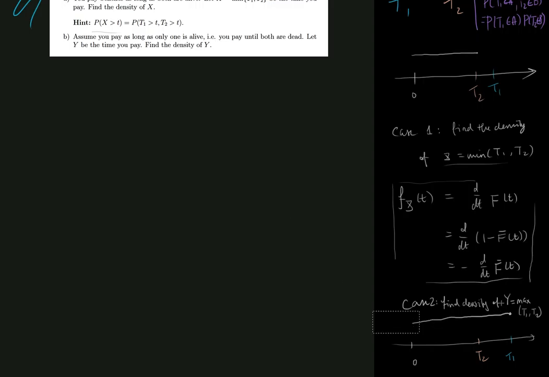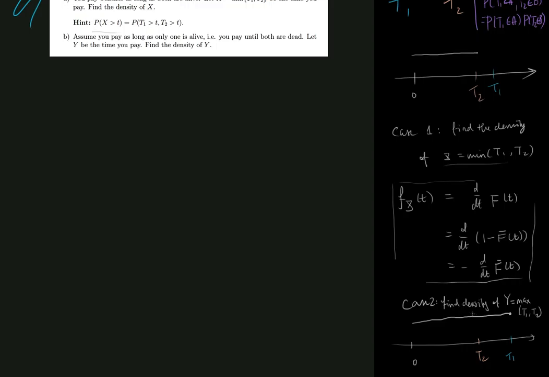So as we drew up down here earlier, in case 2, we want to find the density of Y, which is the maximum of the 2 lifetimes, since the amount of time that we pay in ranges all the way up to the time of death of the last person dying.